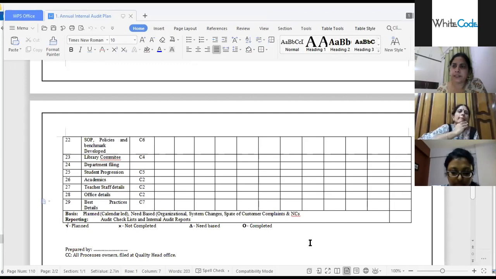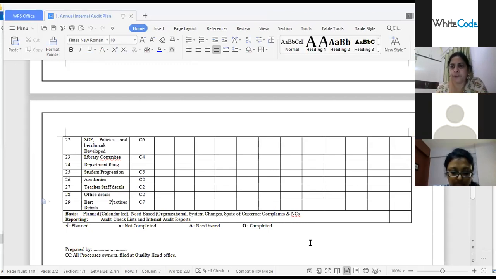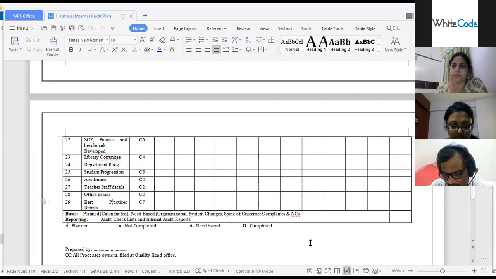So that is why I said in the initiation, it depends upon your requirement. If you are feeling that your activity completes after 1 year, then you keep that audit after the completion. Fine, you keep it after 1 year. Say your activity will complete in December, then put the audit of that activity in January.